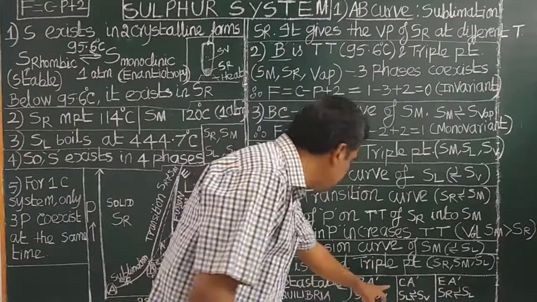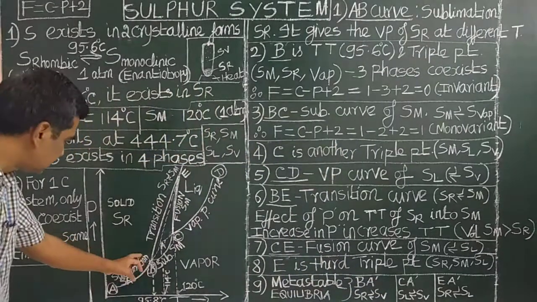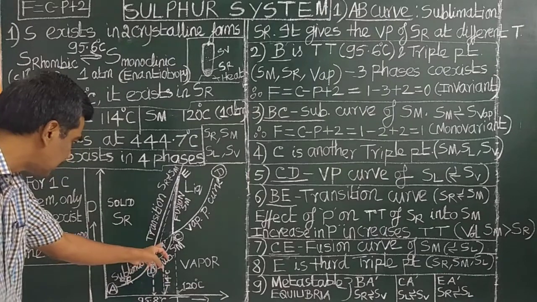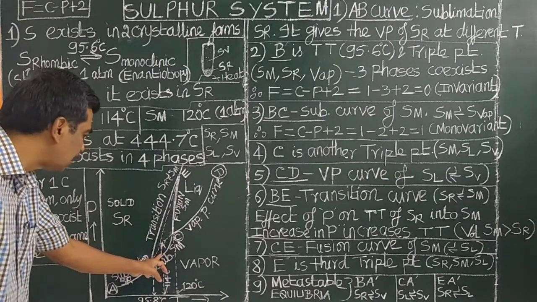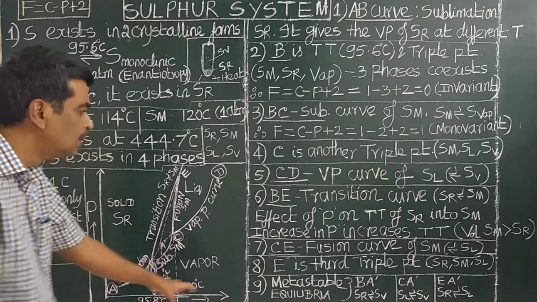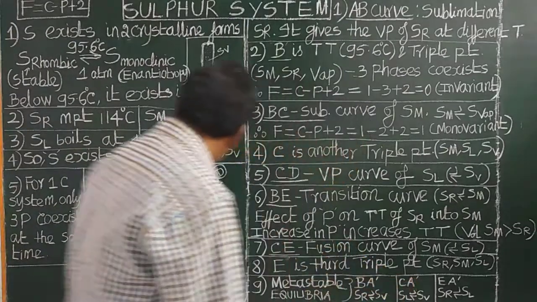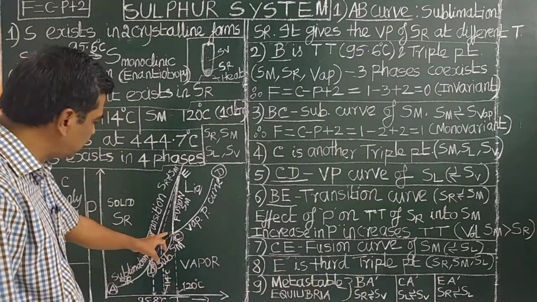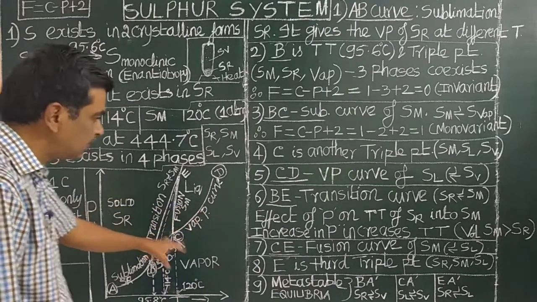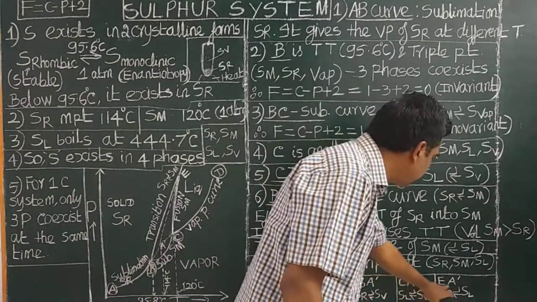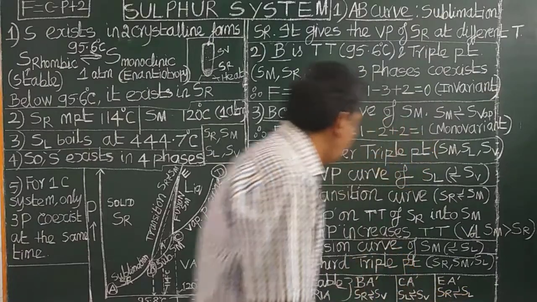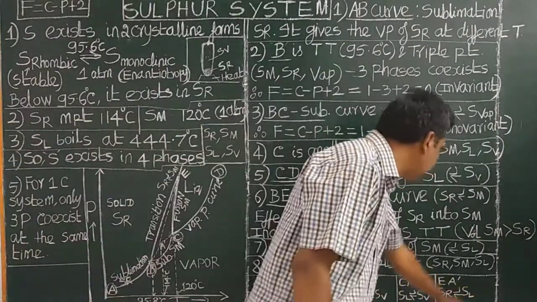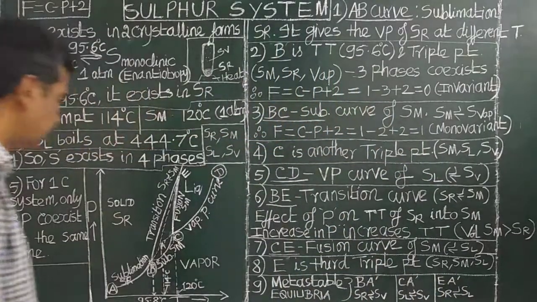Along BA dash, sulfur rhombic is in equilibrium with the sulfur vapor. Similarly, along CA dash, sulfur liquid is in equilibrium with the sulfur vapor. Along EA dash, sulfur rhombic is in equilibrium with the sulfur liquid. There are three metastable equilibria.